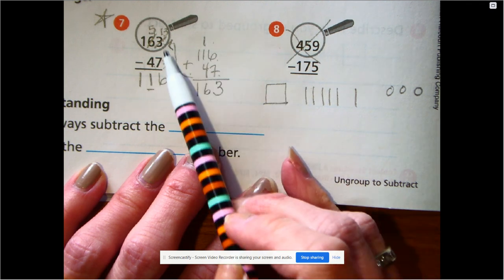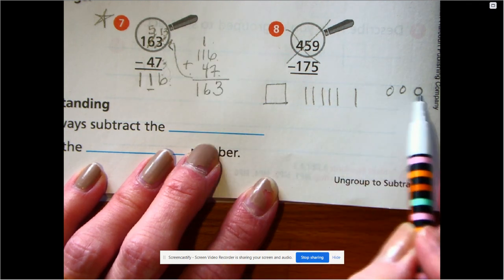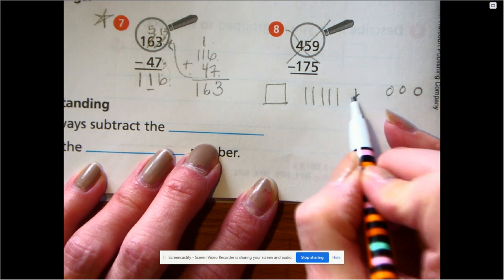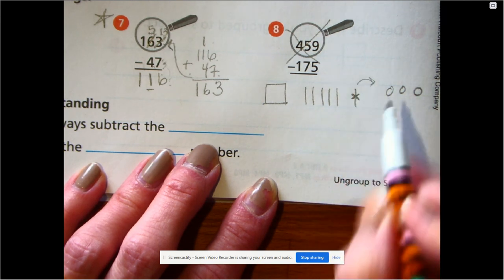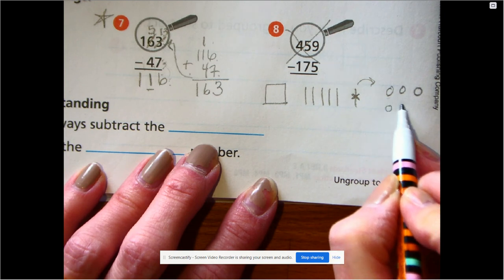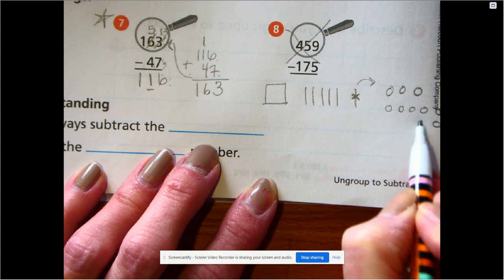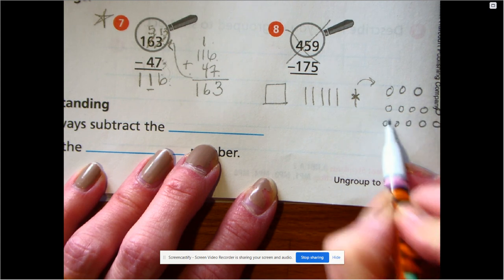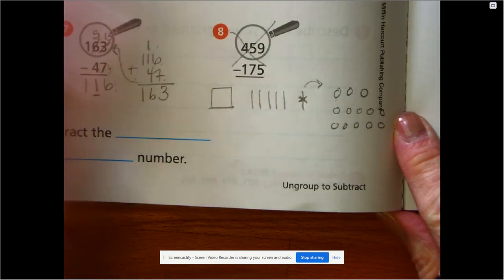Now I need to take away 7 ones, but I don't have 7 ones. So I'm going to ungroup one of my 10s, and I'm going to break it apart and make more. 2, 3, 4, 5, 6, 7, 8, 9, 10. I still have 10. I just put it in a different place.